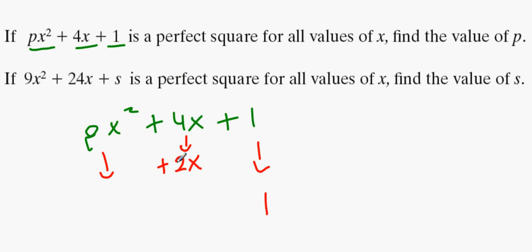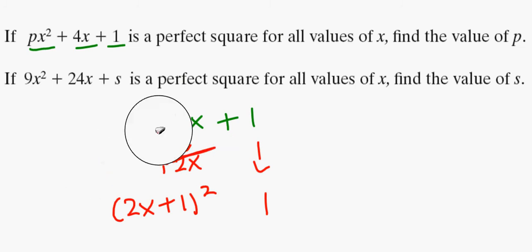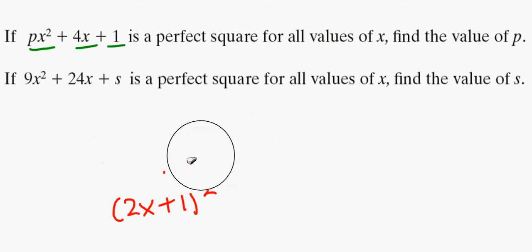So when we divide 2x by 1, we find out what the square root of px squared is. As it turns out, it's going to be 2x. So the answer here is 2x plus 1 squared. When we square out 2x plus 1 squared, we get 2x plus 1 times 2x plus 1.